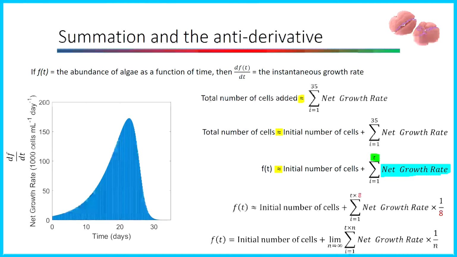This is basically the same equation we had before, except that we replaced 2, 4, or 8 with n. And then we stated that this is in the limit as we make n larger and larger so that n approaches infinity. So this is really what we would get as we measure the growth rate with higher and higher frequency.